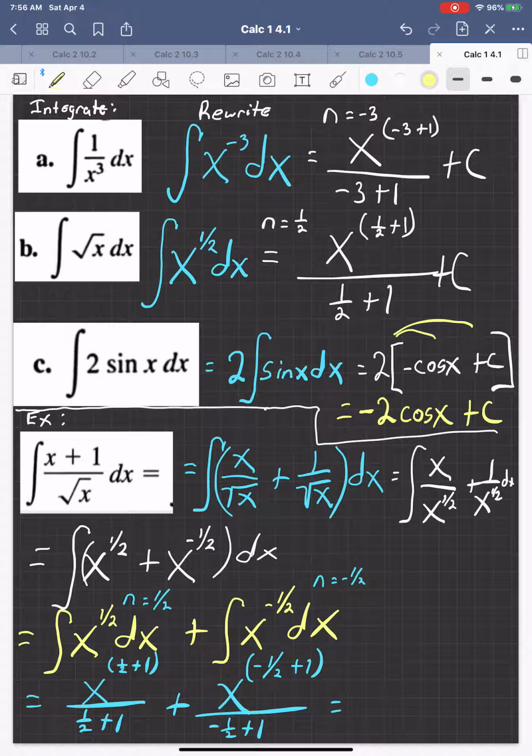So the result is x to the, and that's plus c. So let me go ahead and write plus c here in blue. And the result ends up being x to the 3/2 over 3/2 plus x to the 1/2 over 1/2 plus c.